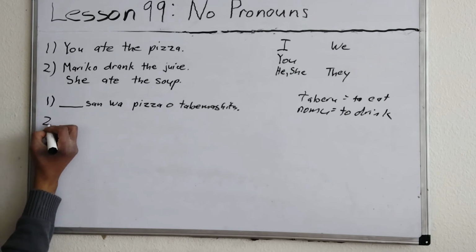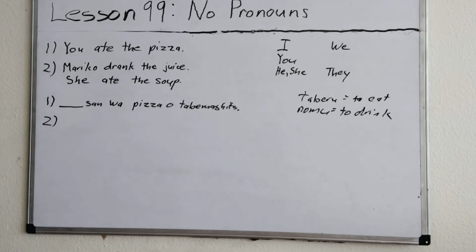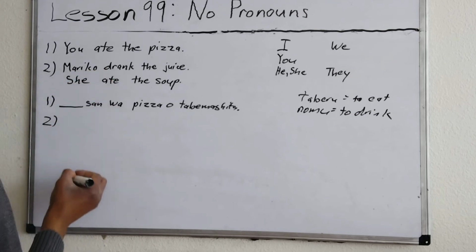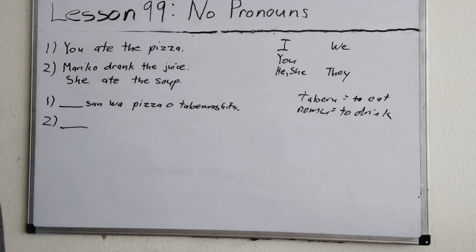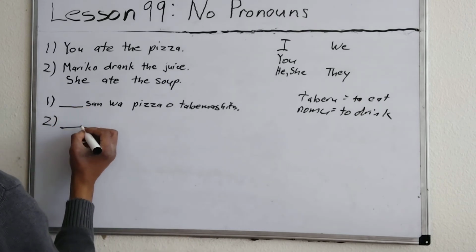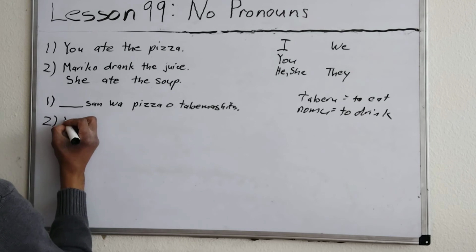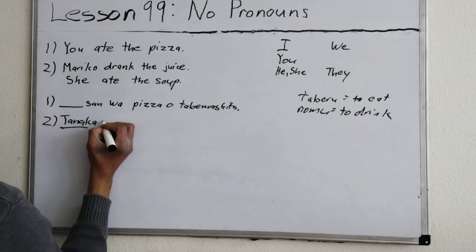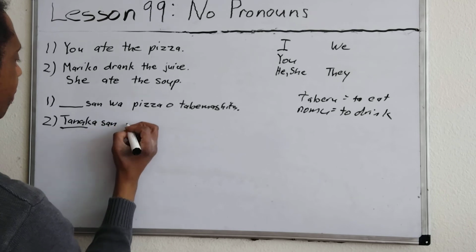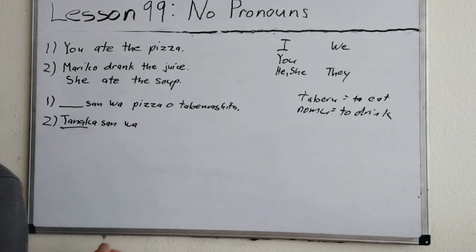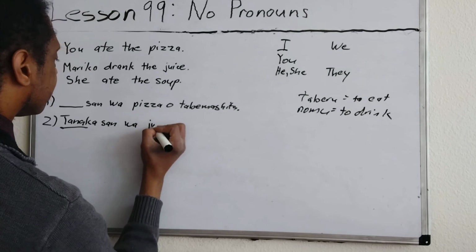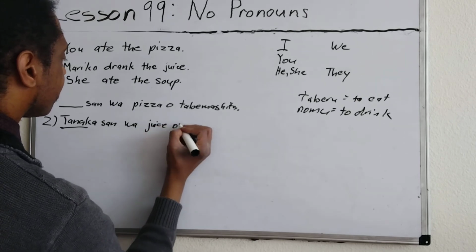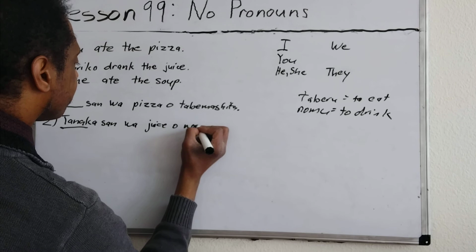And 2, Mariko drank the juice. Okay? What would her family name be? I don't know. Sorry, I should have given you her family name. Let's say Tanaka. Tanaka-san wa juice o nomimashita.